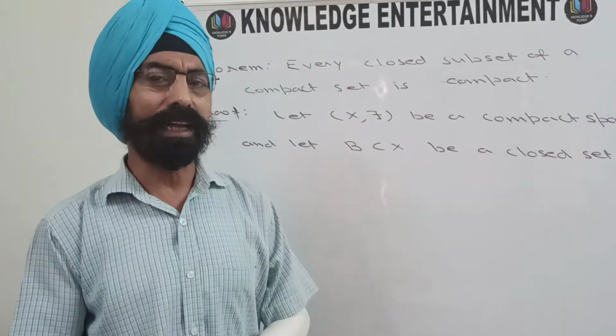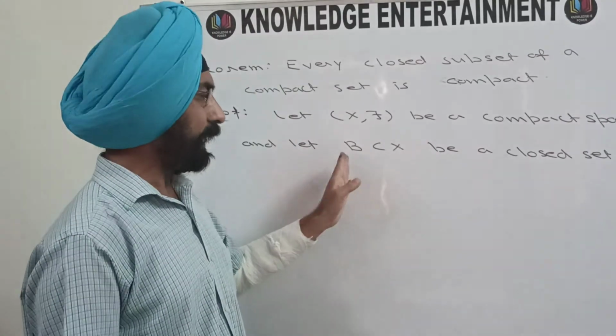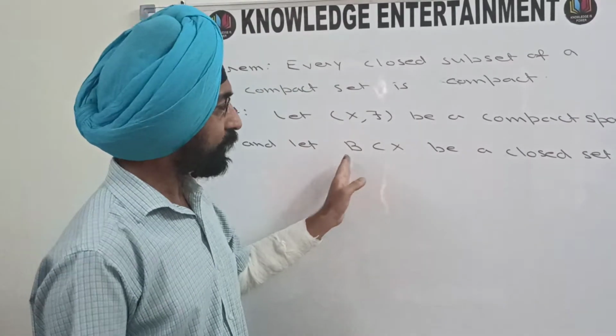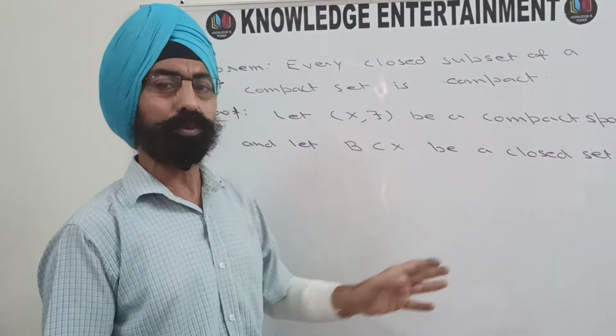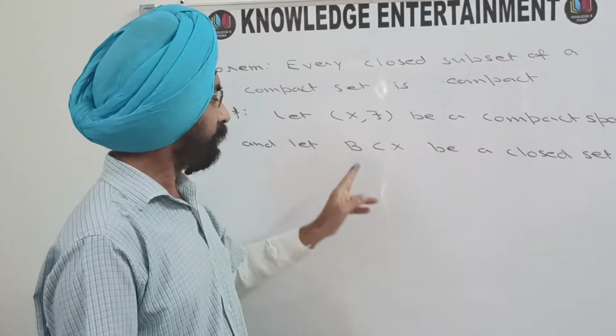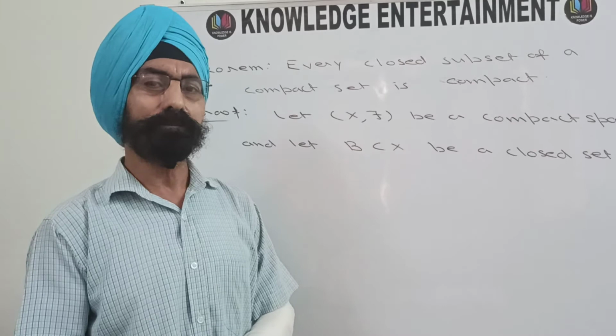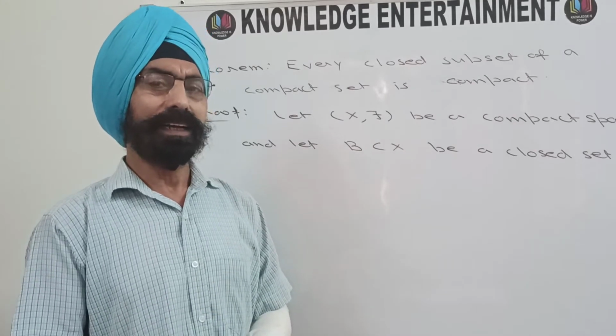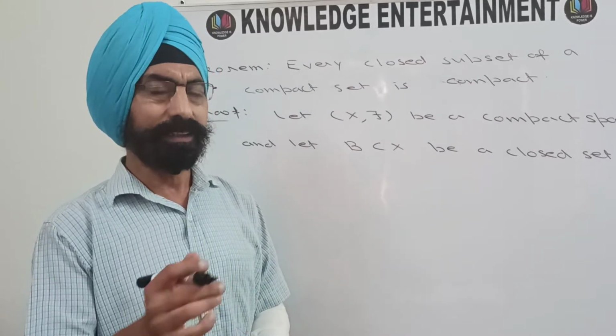For that, B is closed, and we have to prove that it is compact. So I'll have to take one open cover of B, and then I'll show that it has a finite subcover.